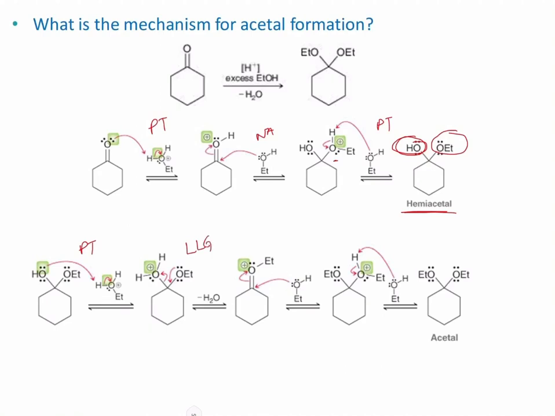So loss of leaving group now transforms this one into a good electrophile. So we do nucleophilic attack. That's going to protonate the alcohol, so we do deprotonation, proton transfer, to generate this stuff, which is going to be our acetal.